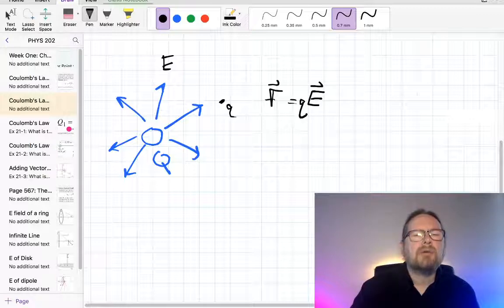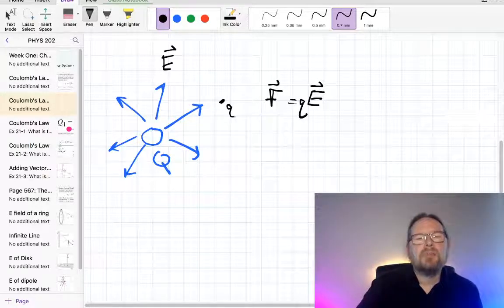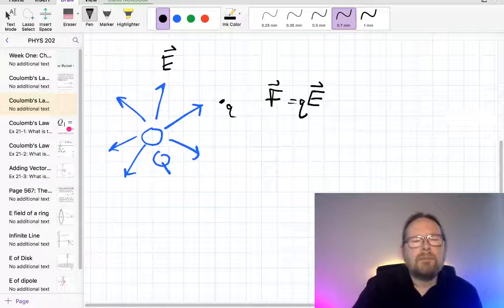So an electric field is a vector field in 3 dimensions, and the force on an object is equal to its charge times E, the electric field.